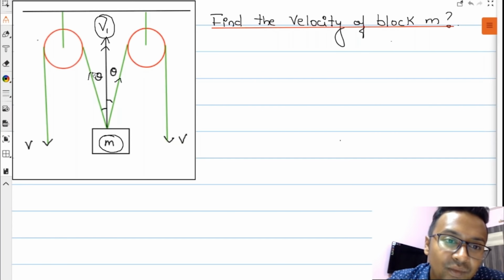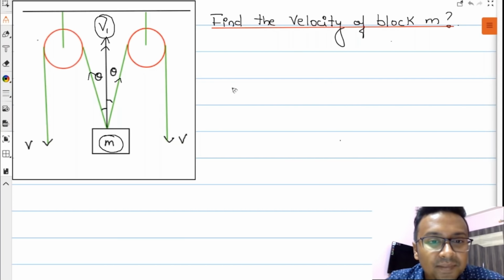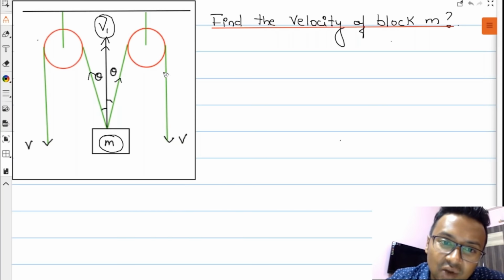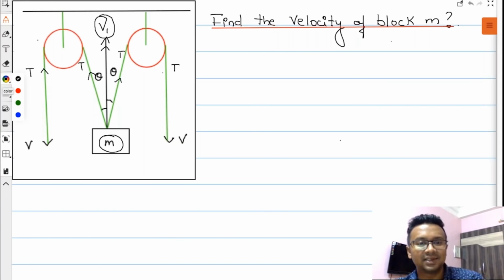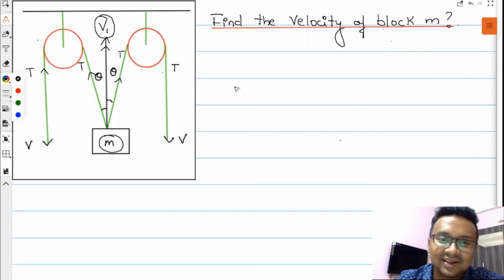So we take down this particular thing. So the tension out here, if let's say is T, here also it is going to be T, here also it is T, and here also it is T, my dear students. Fine. Now what do we do out here? Very simple.